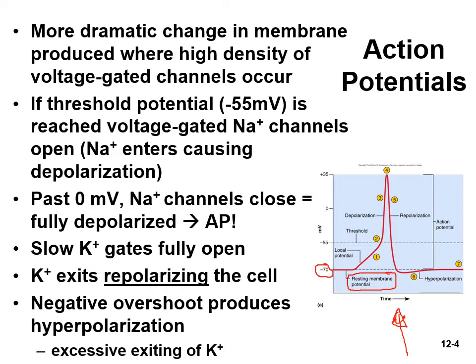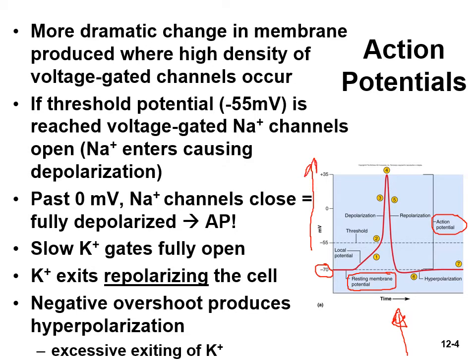Now, if we want to go from resting membrane potential to action potential, and action potential, think of it as excitability. This is when I'm sending my signal. So you're stimulating the cell. This is when the cell is responding to that stimulus. In order for us to go from resting membrane potential to action potential, notice how the voltage has to increase.